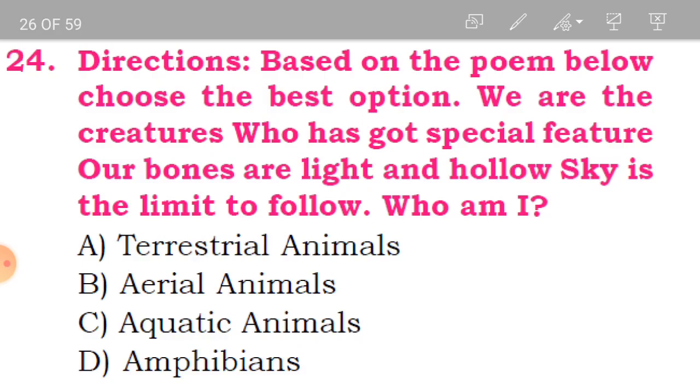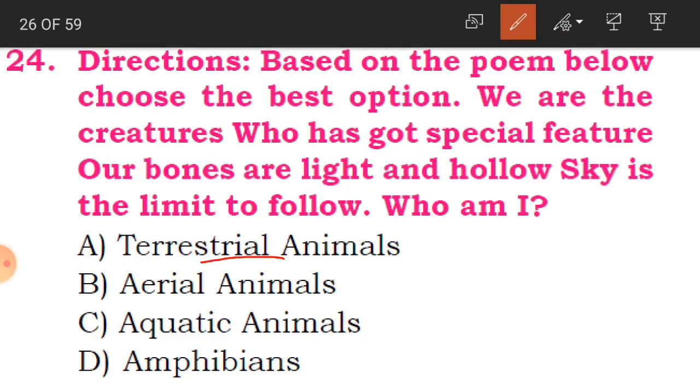Option A, terrestrial animals. B is aerial animals. C is aquatic animals. D is amphibians. Terrestrial animals, children, are the animals which live on the land. Can they go till the sky? No. Aerial animals live in the air. So what are they?